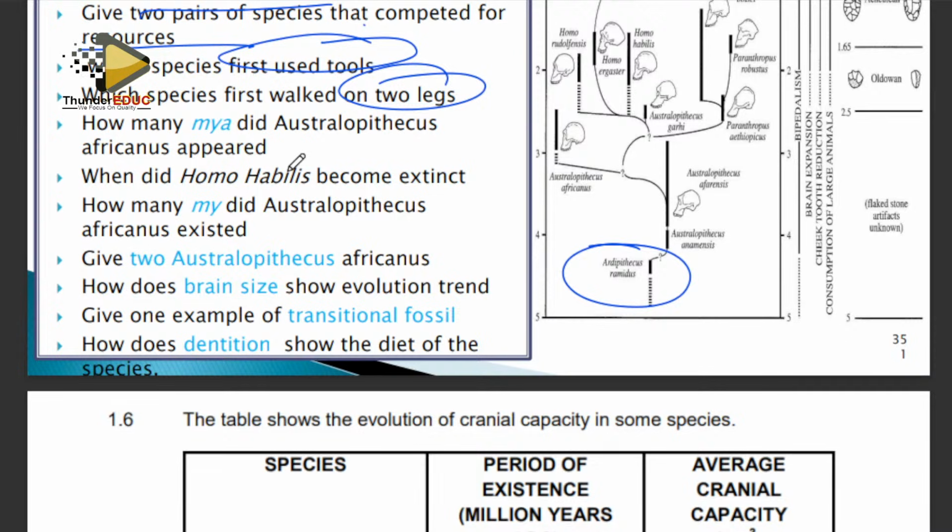So as the brain size increases, you also get more intelligent on how to use these tools, so the tools become more advanced. I'm not saying that as the tools become more advanced, the brain size increases. Nope. It's not the tools which determine the brain. It is the brain which determines the intelligence, and then the intelligence will lead to more advanced tools.